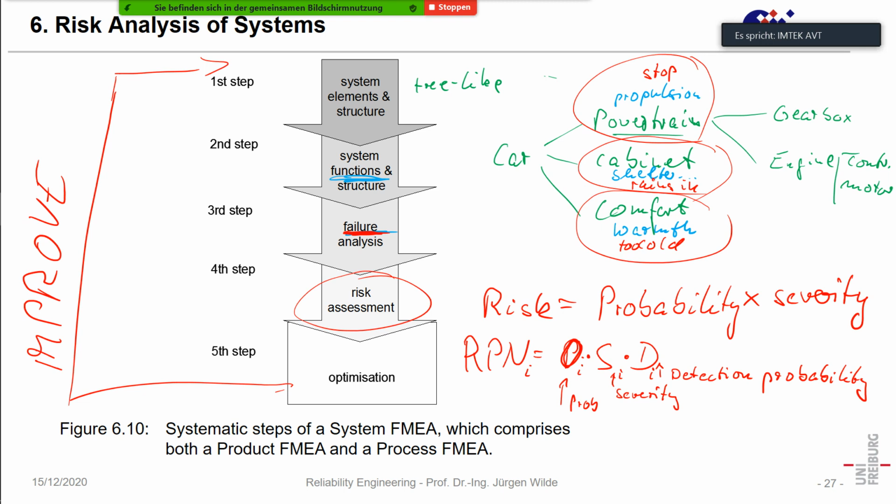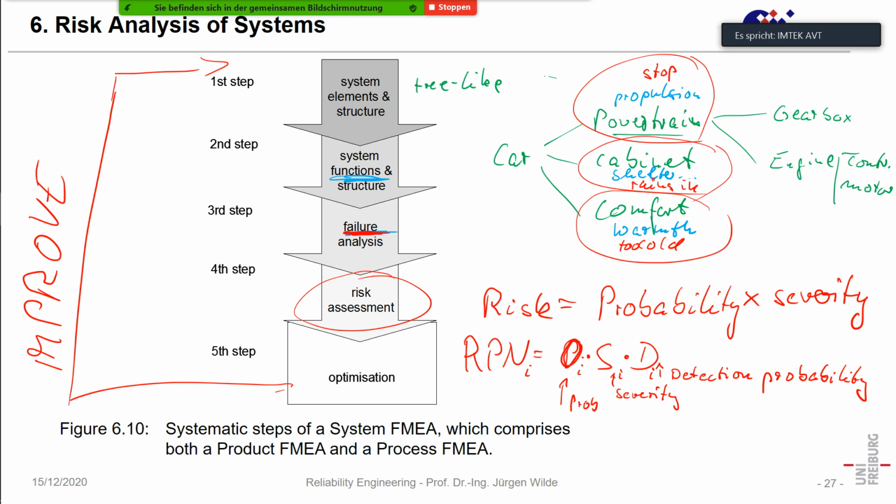To all of the system elements, we assign functions. So how does that sub-element contribute to the function of the element or of the higher level system, and so on. On the other hand, if it doesn't function, it's a failure or a fault.